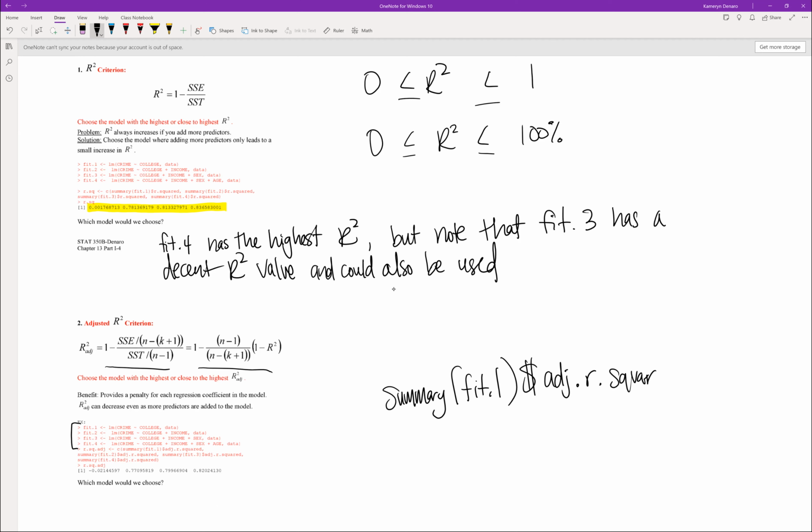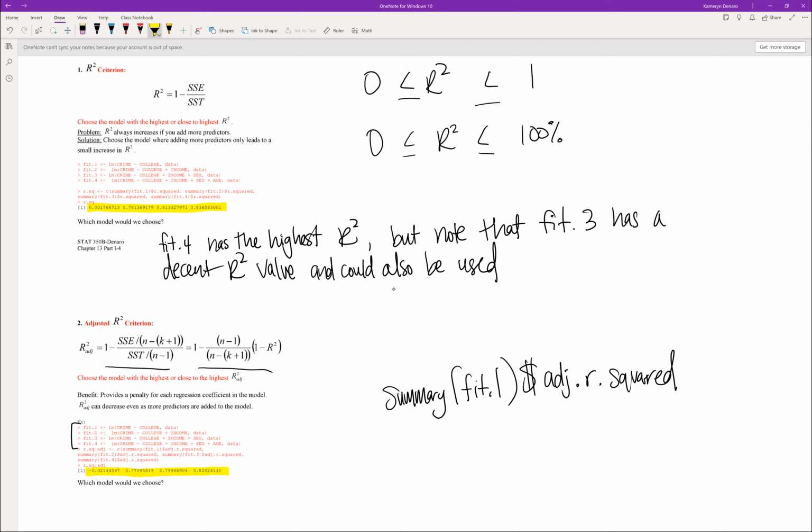And that will allow you to pick off the adjusted R squared value. Now, the original R squared is being penalized by the number of predictors in your model, so the R squared adjusted values are slightly different than the R squared values.